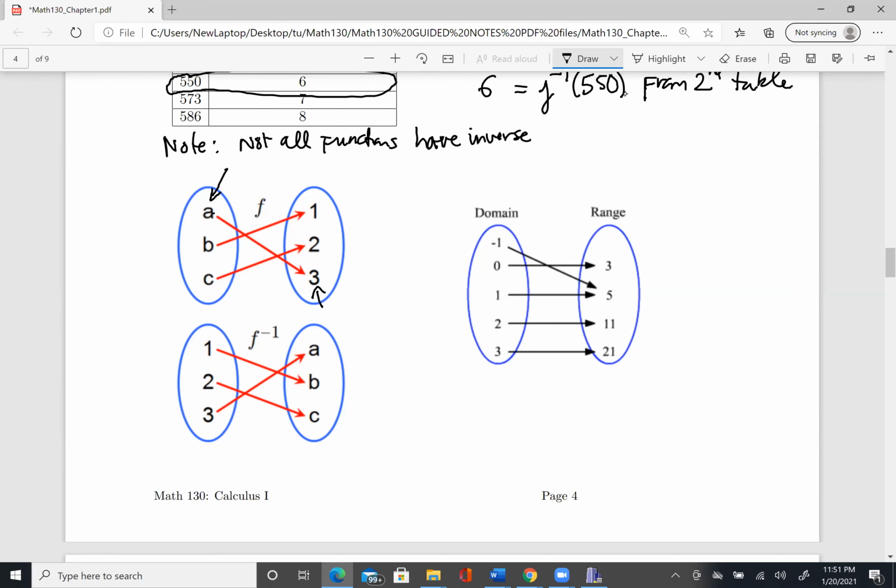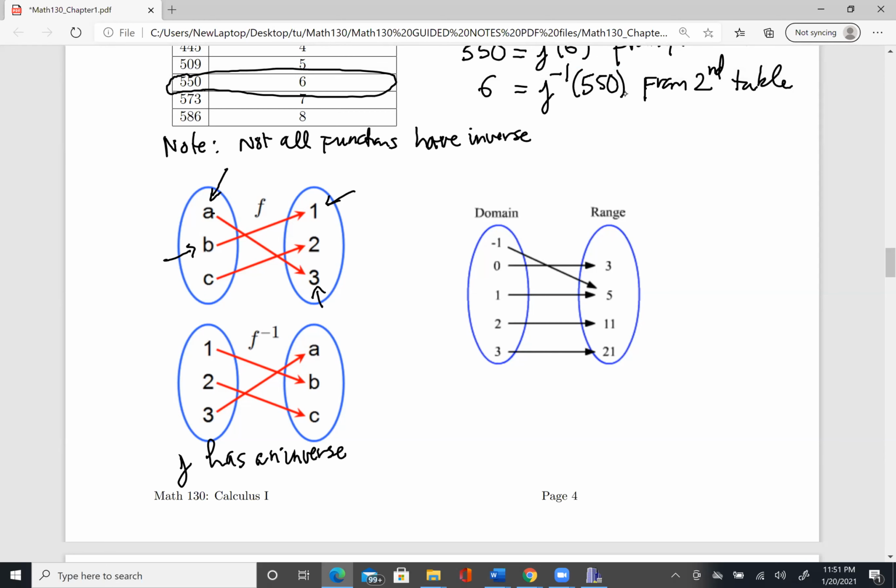One input, you're going to have exactly one output. That's the reason why you can have an inverse. So in here it says f has an inverse. What about the second one?